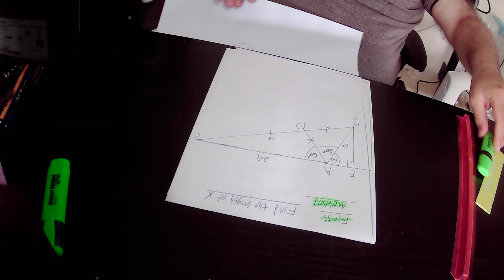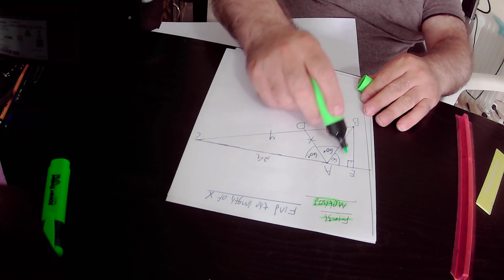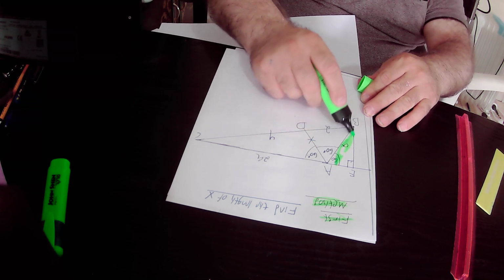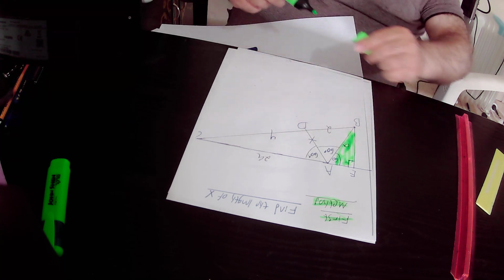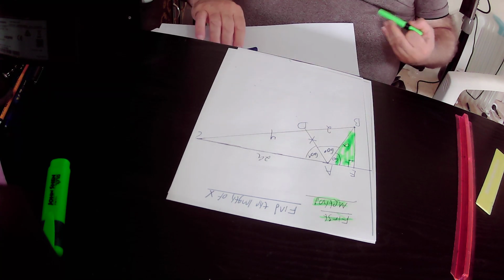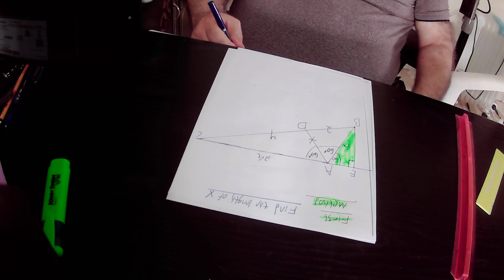So in the next step we will focus on the right triangle, triangle EAB.